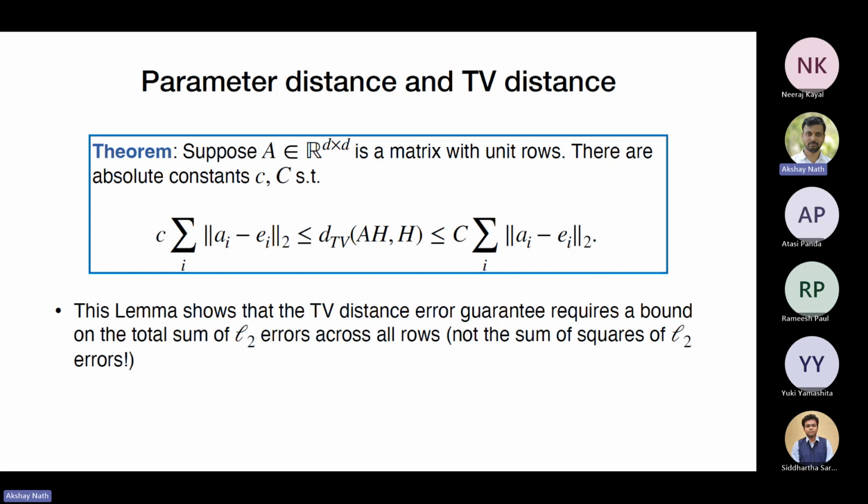So this tells us that our guarantee requires a bound on the total sum of the L2 errors across all rows, not the sum of squares of L2 errors. The sum of squares is just a Frobenius norm, but Frobenius norm is not enough. Even if the Frobenius norm is small, the sum of L2 norms can sometimes be large.